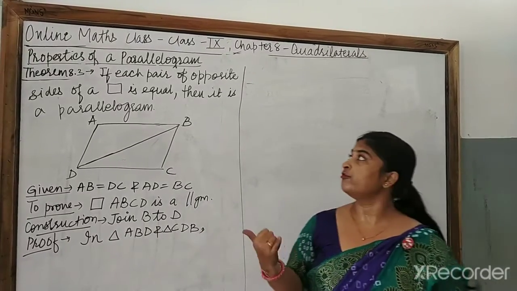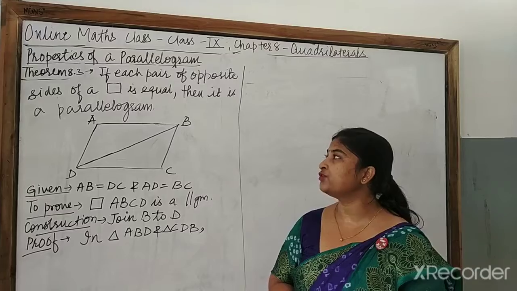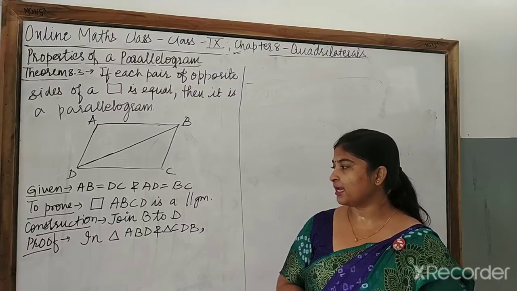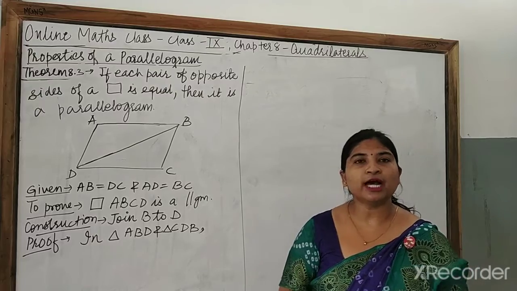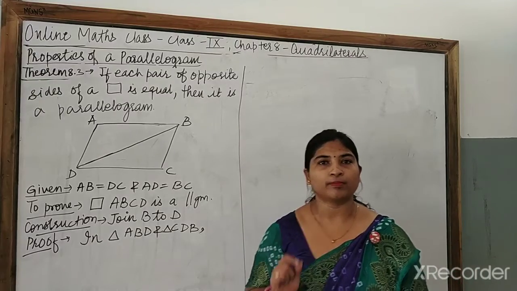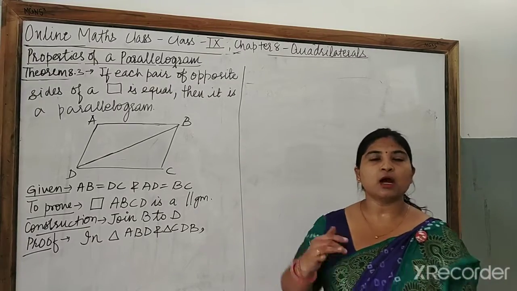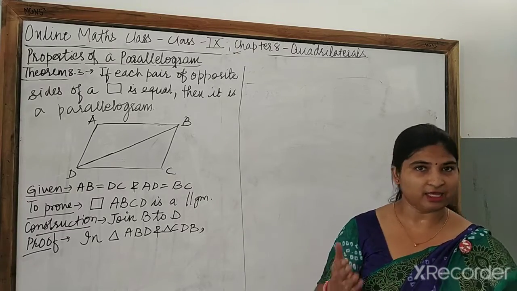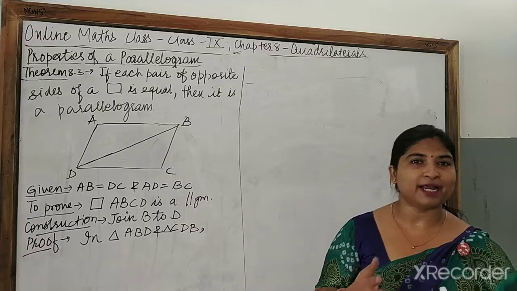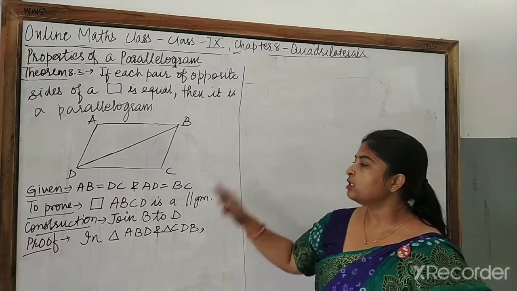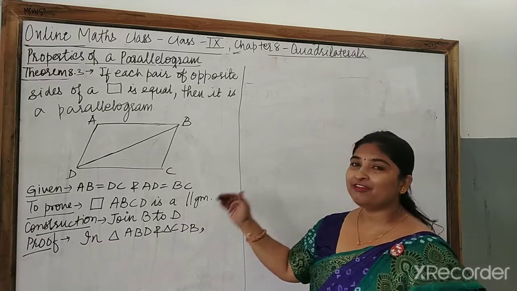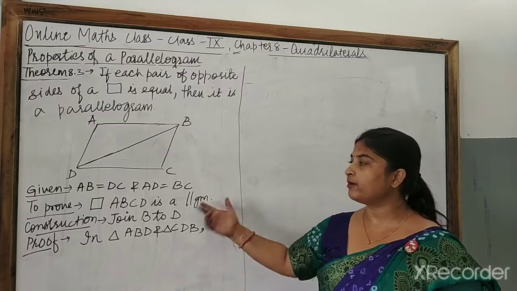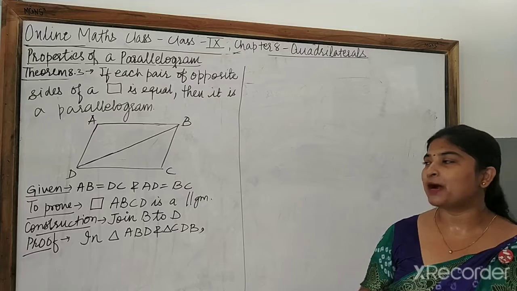If each pair of opposite sides of a quadrilateral is equal, then it is a parallelogram. So we know what the property of a parallelogram is. Parallelogram means the opposite sides will be parallel. If it is parallel, then it will be a parallelogram, any quadrilateral. Okay. So they have given only opposite sides equal, and what we have to prove? We have to prove that ABCD is a parallelogram.